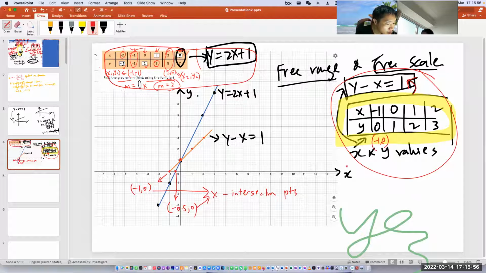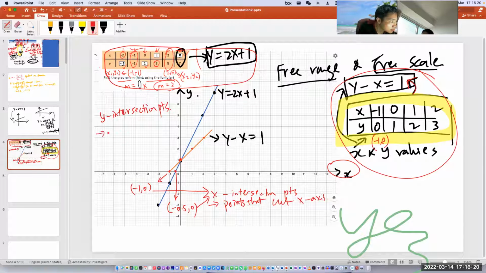X intersection point means the point that cuts the x-axis. Now the y intersection point.